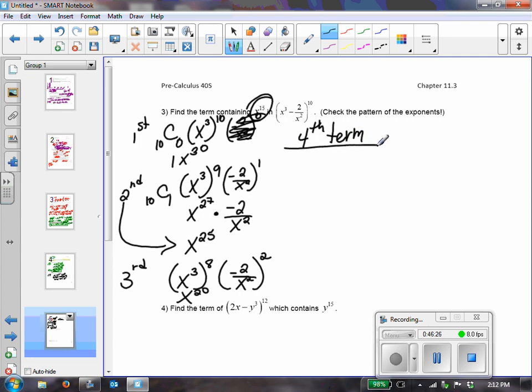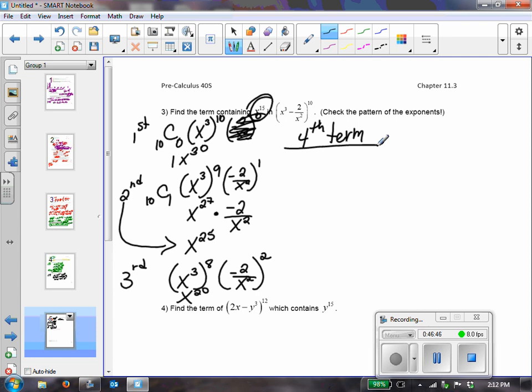Finding the pattern is the only way you can predict where x to the exponent of 15 will be. There is no fast way of doing that. You have to find the pattern. It's kind of like the remainder theorem. You have to do a couple of calculations first in order to get to the actual question.